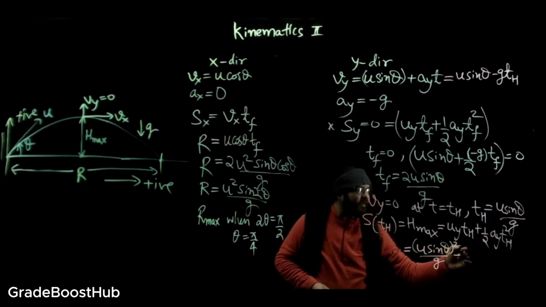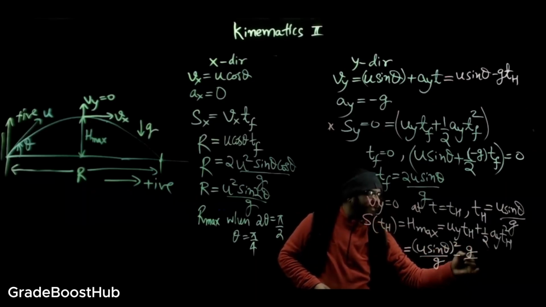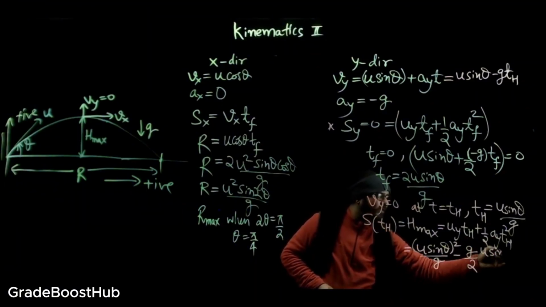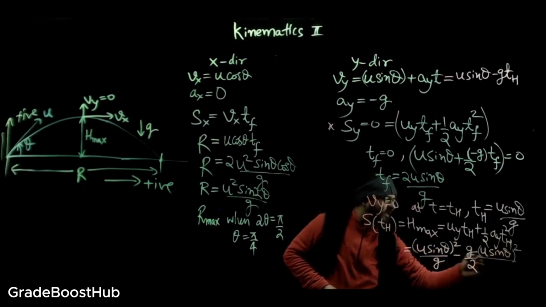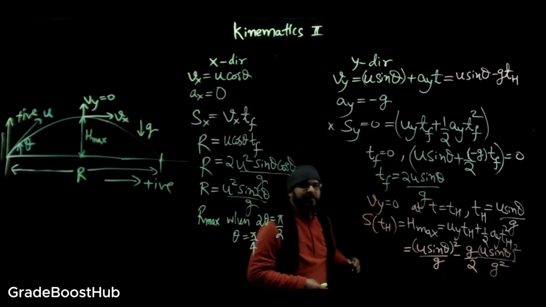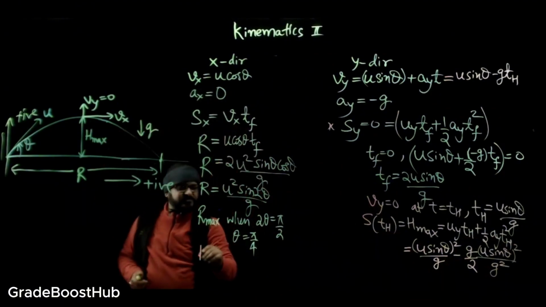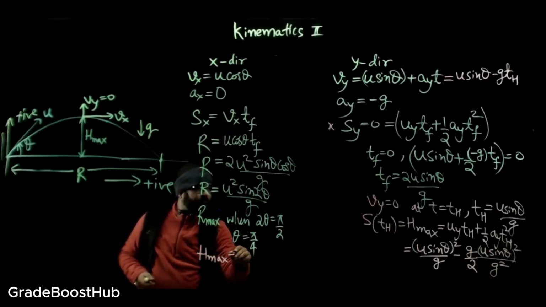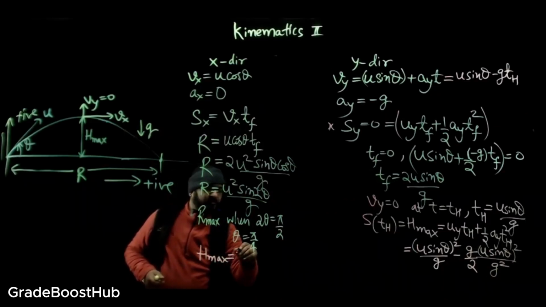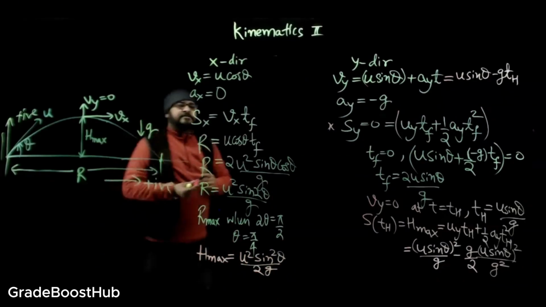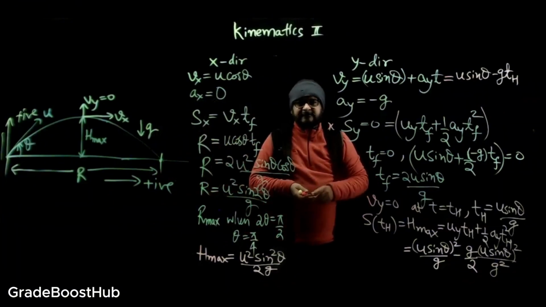Now here ay is minus g, so I take minus g by 2, and this will be u sine theta square by g square, right? So we found the time, and the maximum height h max is u square sine square theta by 2g. Do you all agree with this? Okay.